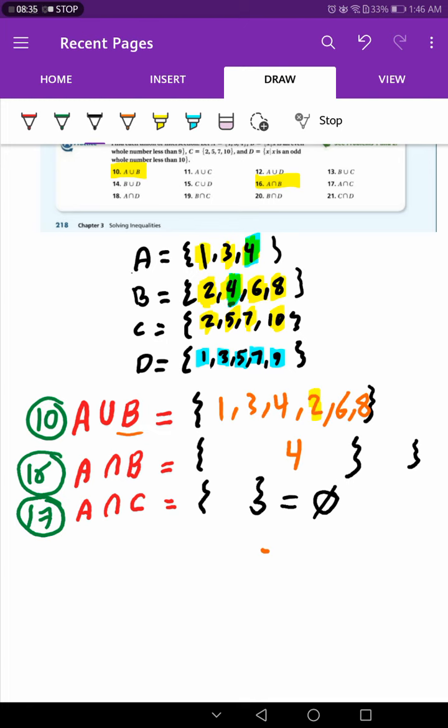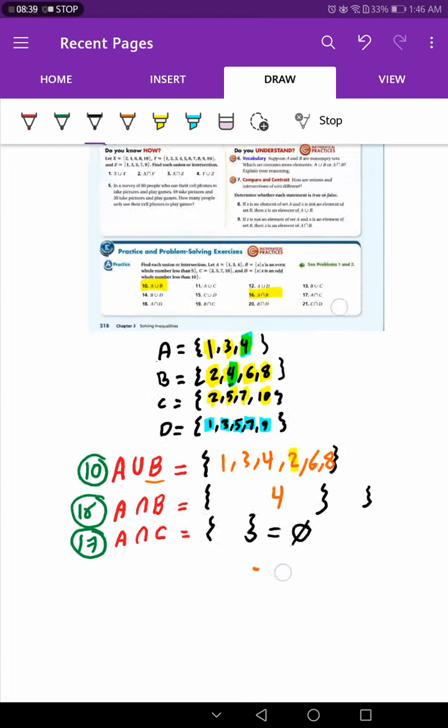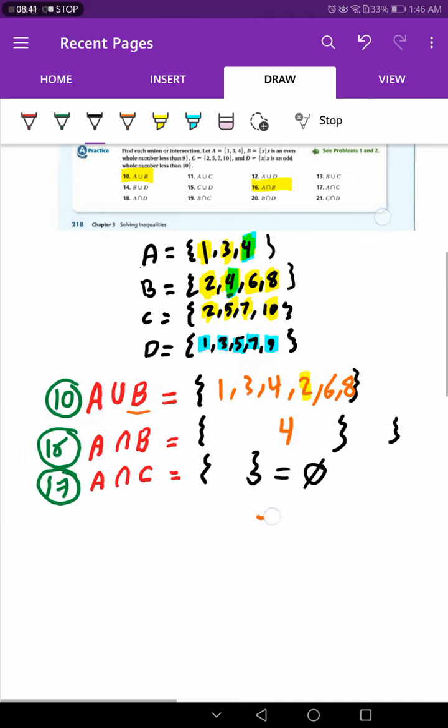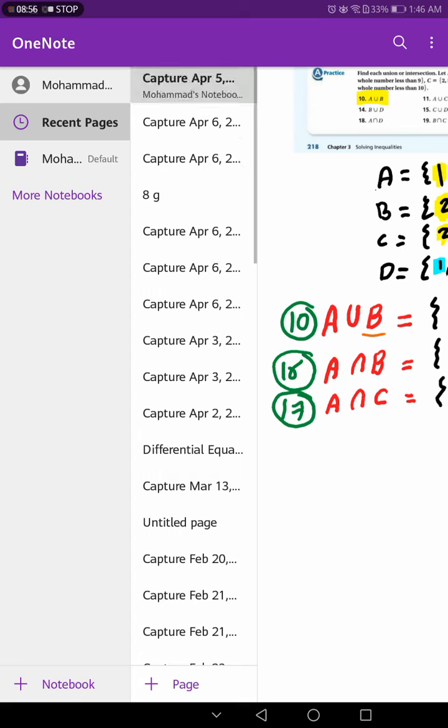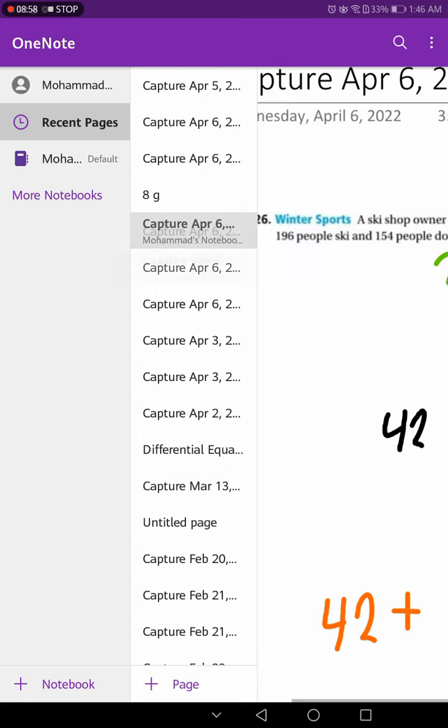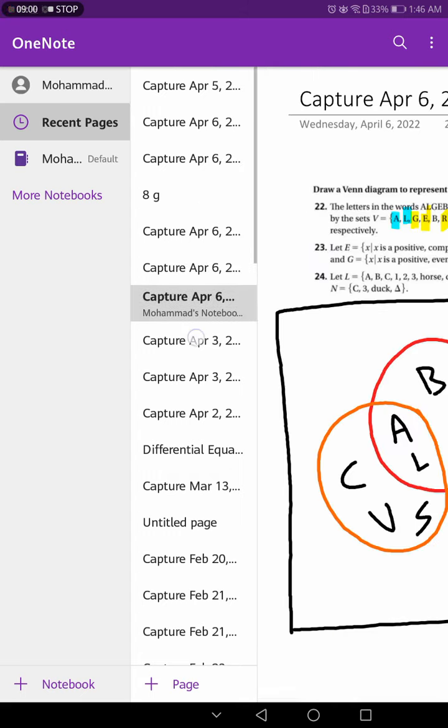Okay, my dear student, I hope you get all the benefits from this practice or these exercises. And let me tell you something about Venn diagram. Okay, where is Mr. Venn?